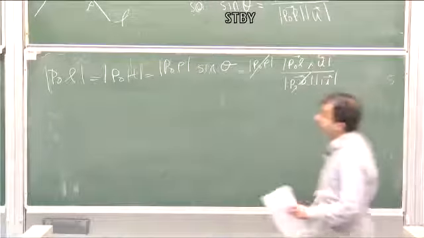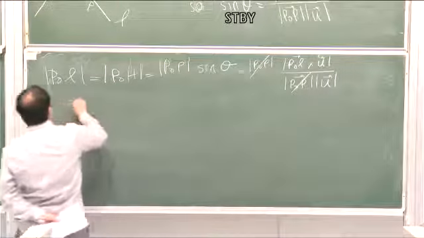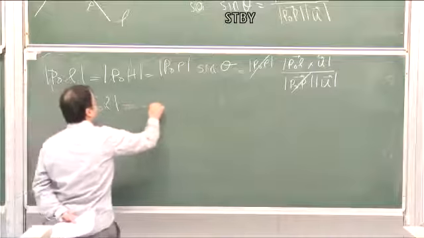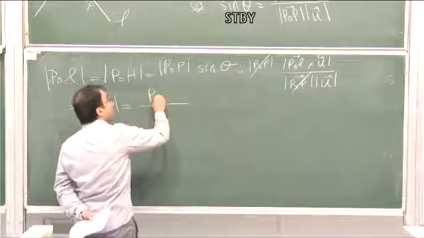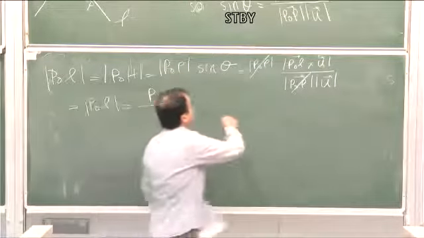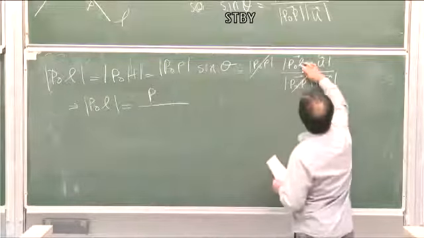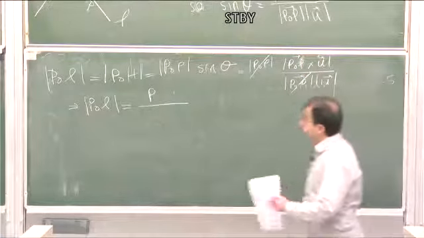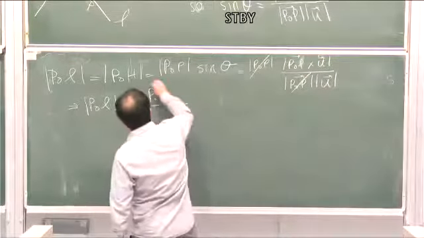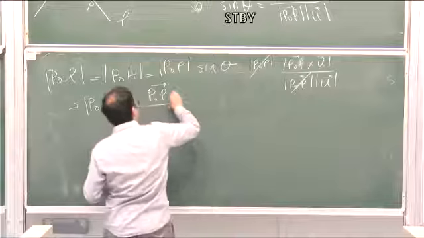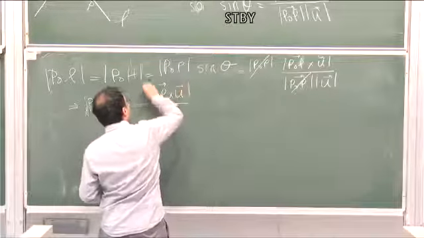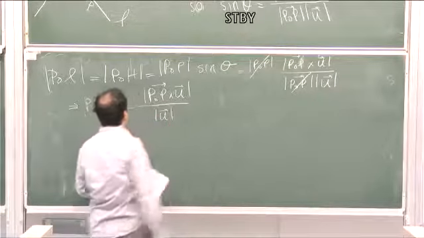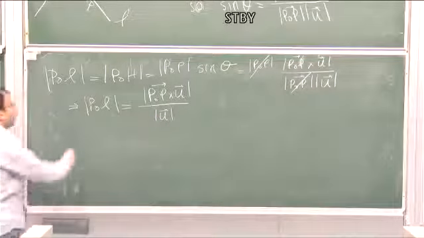What is left is that the distance from P0 to L will be equal to, pardon, this should have been P0P, the length of P0P cross U, divided by the length of U. Okay, so this is our formula.